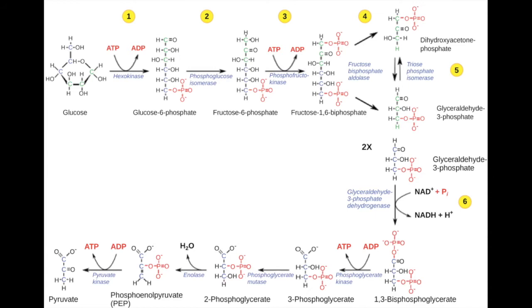Is that important? Yes, because this is how glycolysis is being stopped. When the cell has a lot of energy, a lot of ATP molecules, the ATP will bind to the PFK and won't allow it to do its job. Therefore, glycolysis will stop and no more energy will be produced.